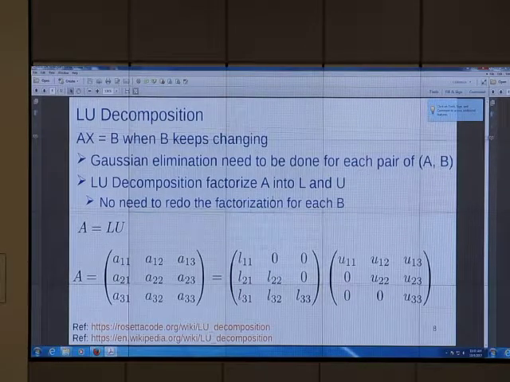Okay, no need to redo. Can you read that line? No need to redo the factorization for each b. Do you understand that? What is b? b is on the right hand side, right?